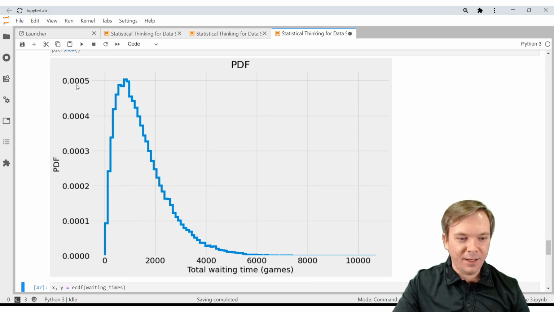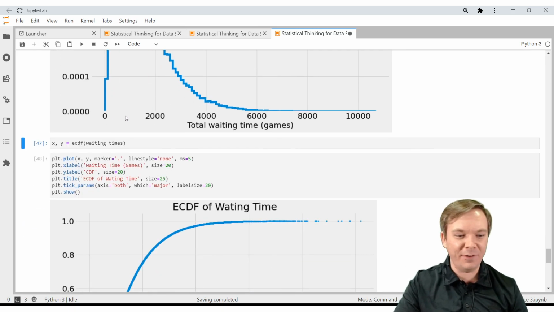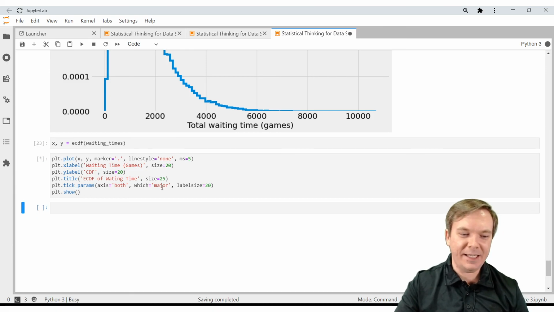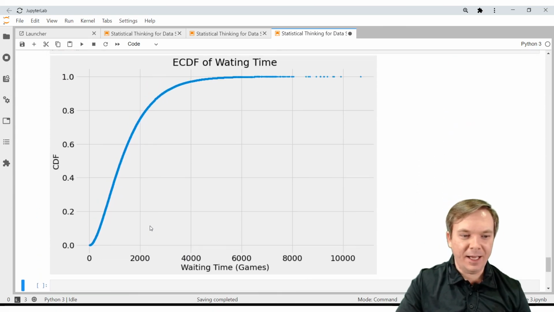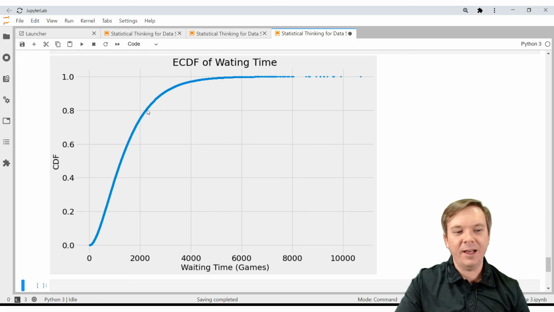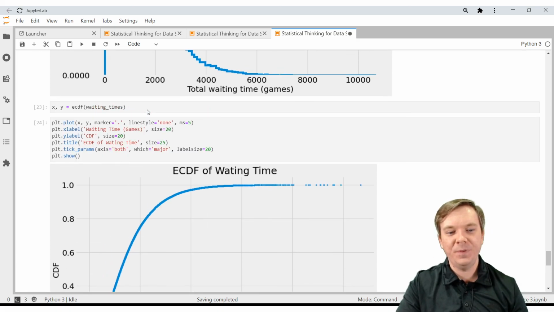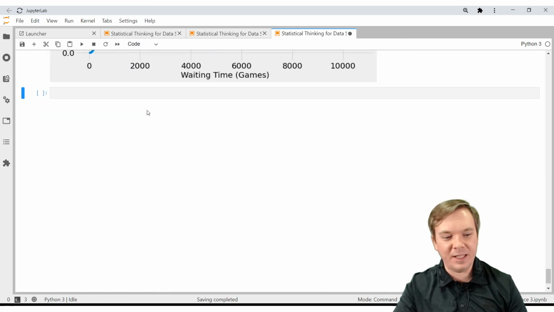We have a 0.05% chance of waiting basically 1,000 games. It's very, very unlikely. We could then make an ECDF, where you can see that after about 2,100 games, I have an 80% chance of seeing that happening. But it's very uncommon though, right? So that's basically what that means.